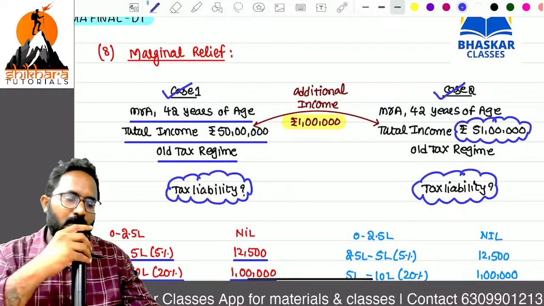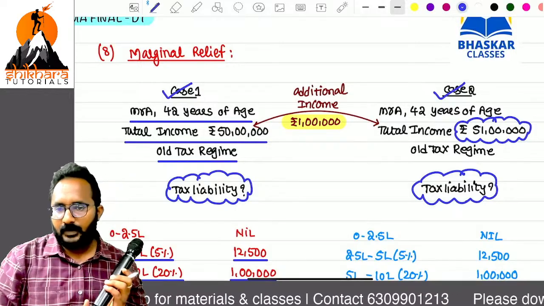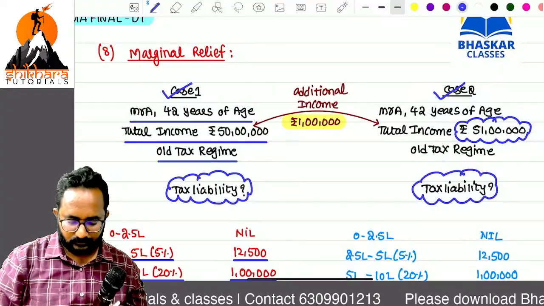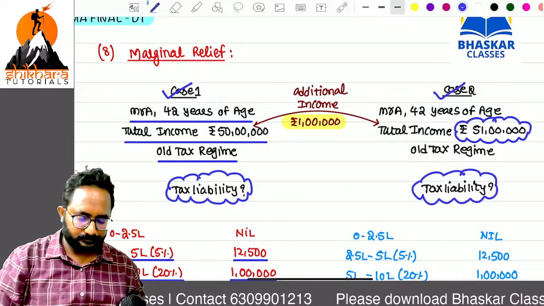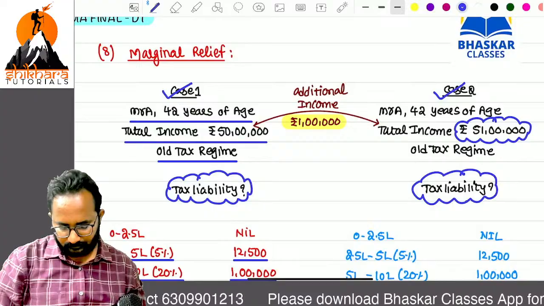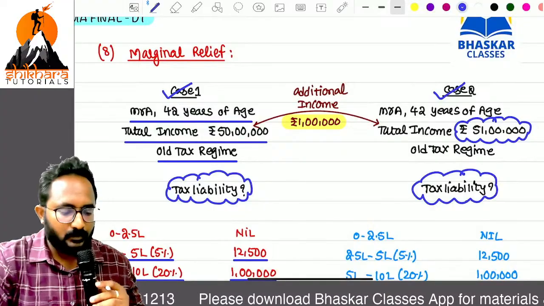Yes, please compute the tax liability if the SSE has a total income of 51 lakh. Done? Yes, ma'am.